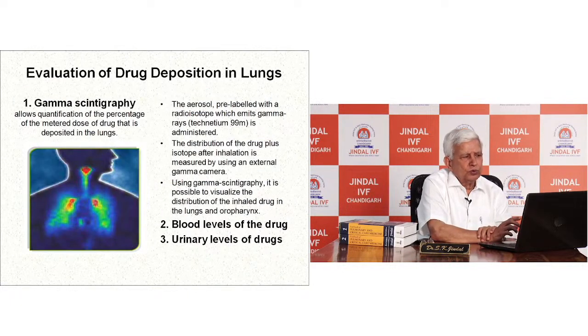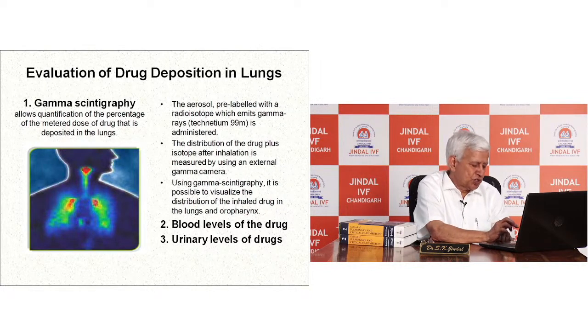Before we come to those issues, I think the evaluation of drug deposition in the lungs can be assessed with various methods. Most important here is gamma scintigraphy, which you can see on this diagram on the left side.